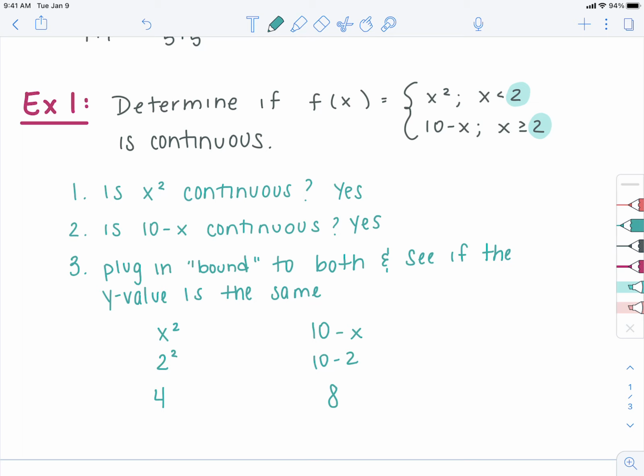And in order for it to be continuous, they'd have to be the same number. Since they're not the same number, it's not continuous. No, the function f of x is not continuous.